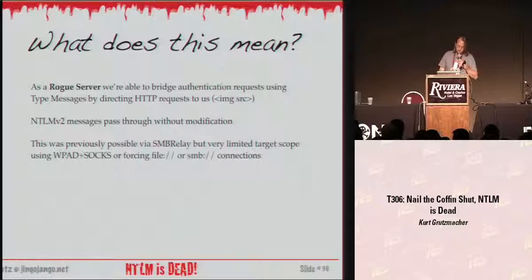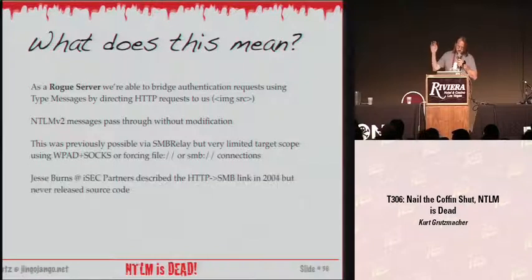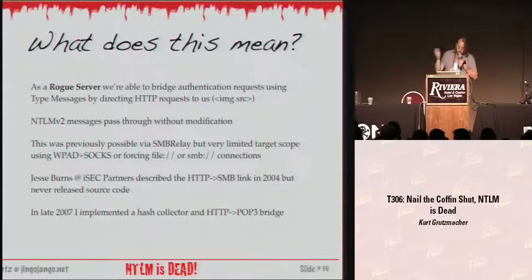Previously possible, the SMB relay, you had to do a lot of tricks, or some tricks, not too many. This was shown in 2004 at SciScan. There was an HTTP to SMB link. It's written in JSIFs, but I never saw any code. Maybe you have. We think someone at Microsoft got to them. In late 2007, I put together a quick variation of this for Metasploit.